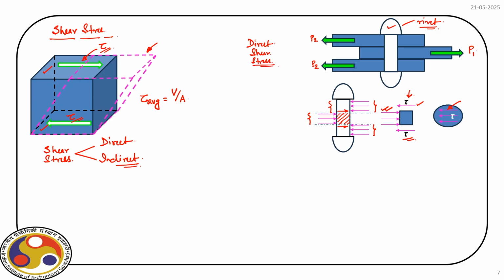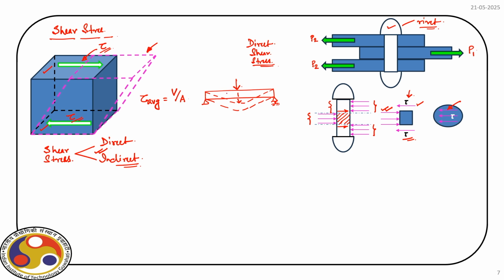So, we have a different case where shear stress also develops within a material due to, for example, bending of a beam. So, if we have a beam, so this is the beam, and if we apply a force at the middle, obviously it will deflect like this. So, this bending of the beam will develop shear stress at every section.